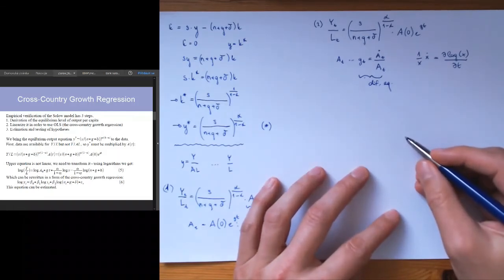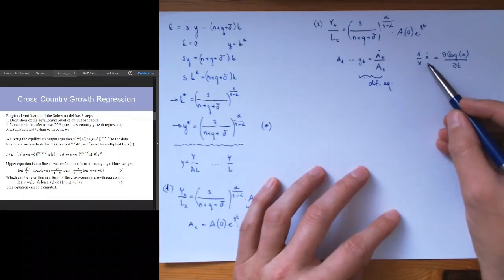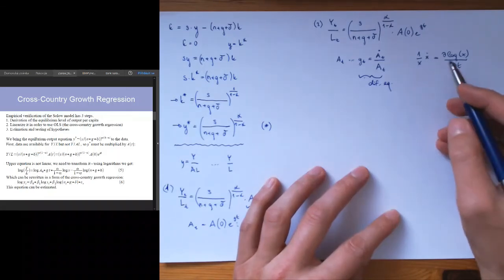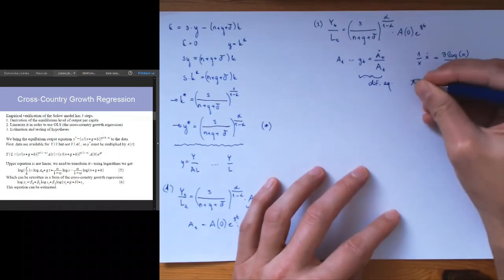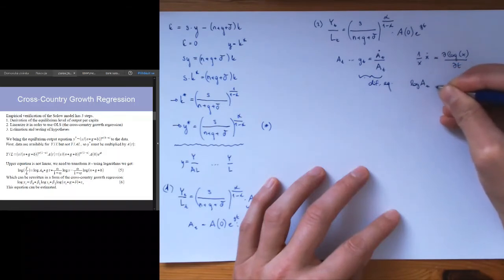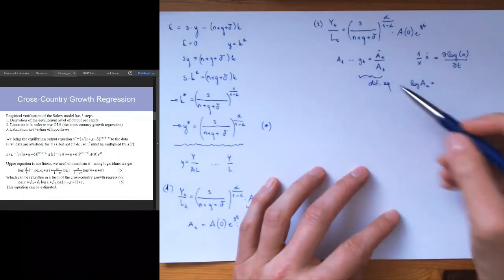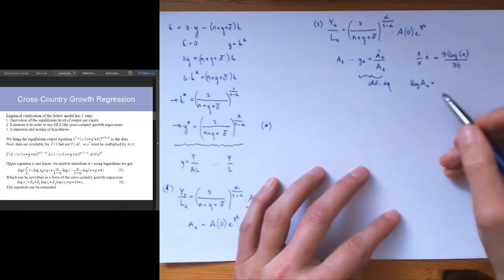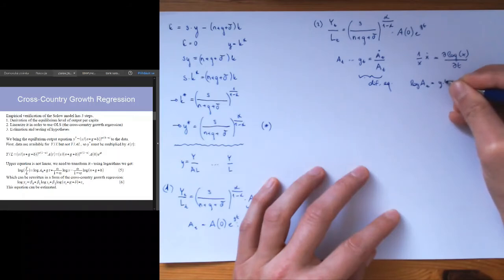We integrate both sides, and using this definition we obtain the logarithm of A(t), which equals the integral of g(t), that is simply g times t plus some constant.